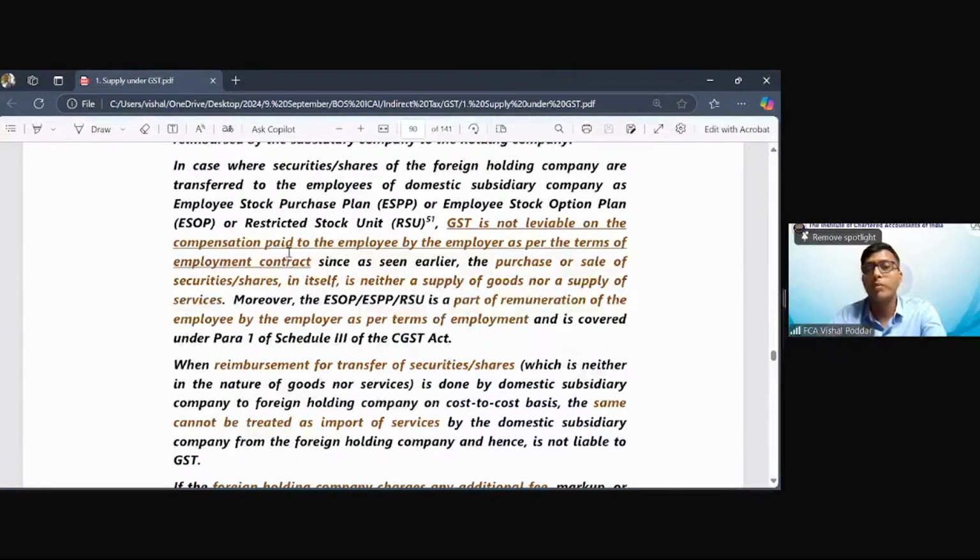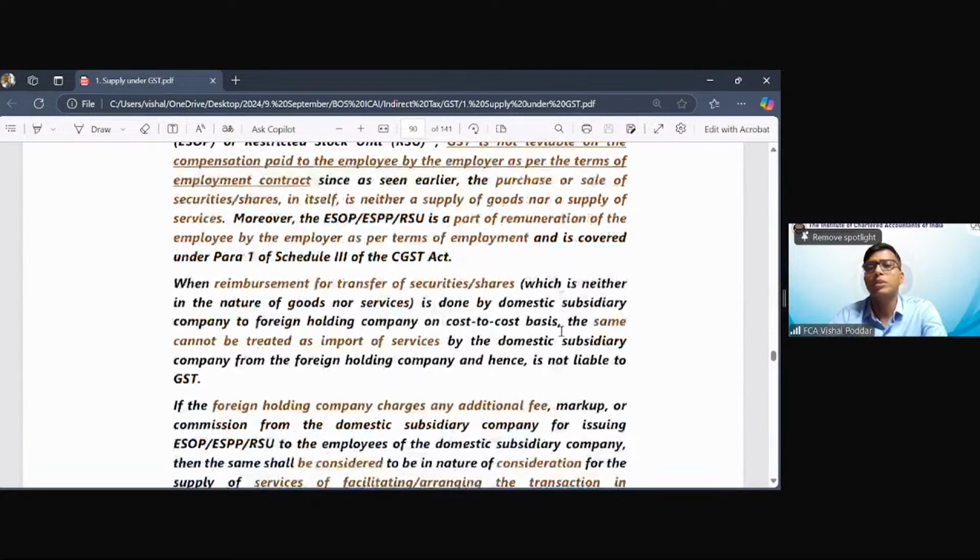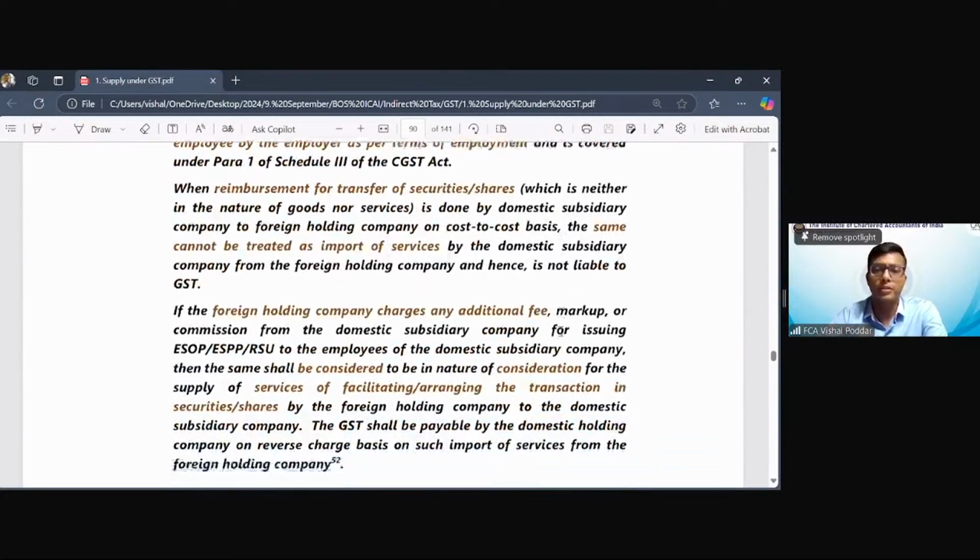GST is not leviable on the compensation paid to the employee by the employer as per the terms of contract, since as seen earlier, the purchase or sale of securities in itself is neither a supply of goods nor a supply of service. Moreover, all these ESOPs etc. are a part of remuneration of the employee by the employer as per the terms of contract. So whenever the employer gives any of these things and it is a part of the employee's contract, there will be no GST on any of these items.